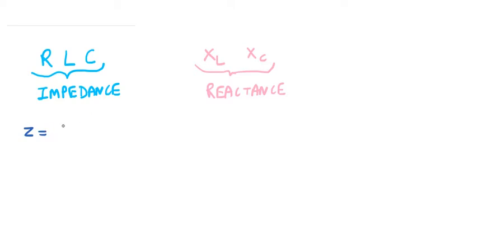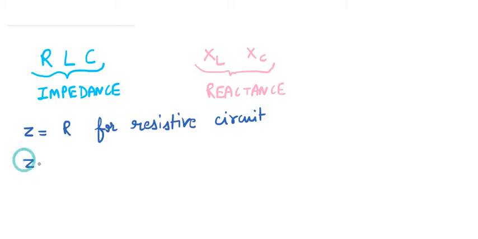Therefore, Z is R for a resistive circuit. Z will be XL equal to j omega L for an inductive circuit.